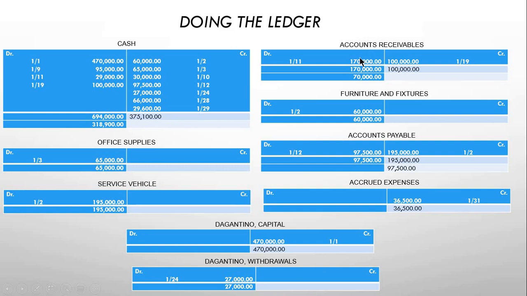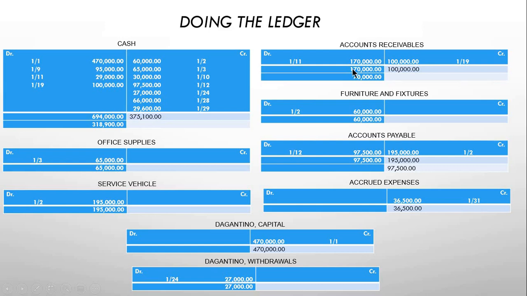All transactions that we debited to accounts receivable, when we post to the ledger, we transfer the amounts for debits and the amounts affecting accounts receivable for credit. And then we foot.